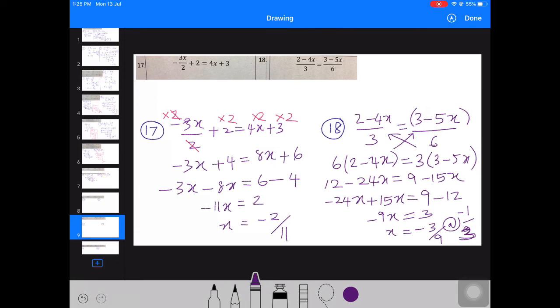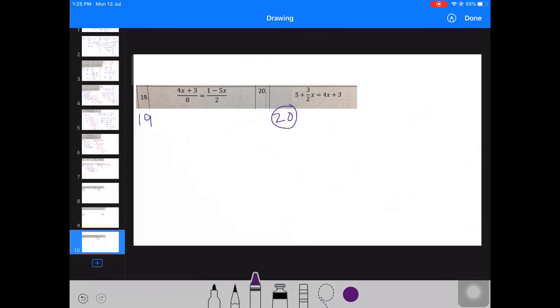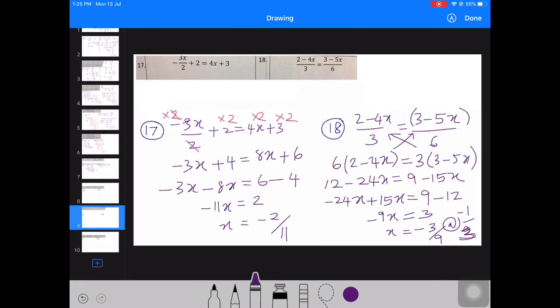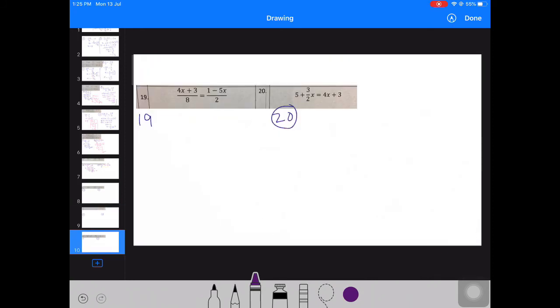Okay, then next is number 19. This is 17, 18, 19, 20. Okay, number 19. We just cross multiply 4x plus 3 over 8 equals to 1 minus 5x over 2.